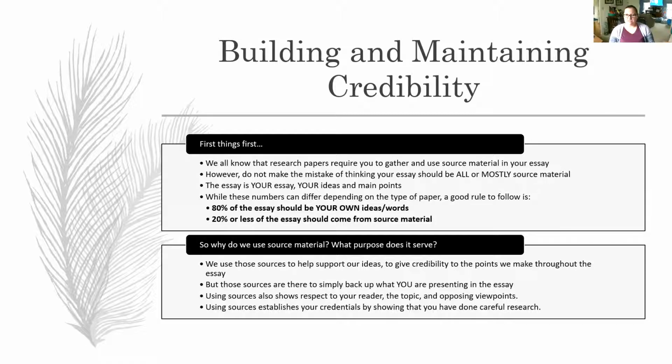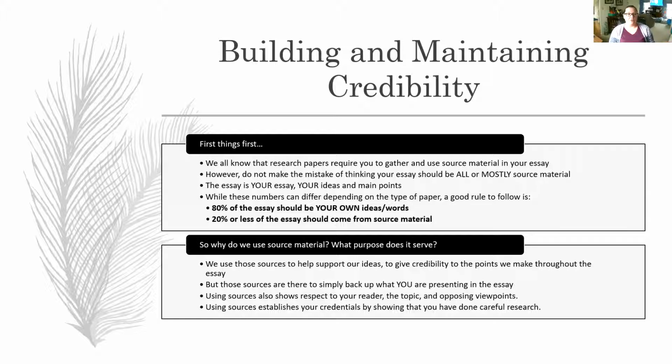If it's only 20%, why are we even using source material? What purpose does it serve? For this particular project, first and foremost, we're using sources and doing a research paper to give you practice at it so that you can learn the process and learn how to do it effectively.